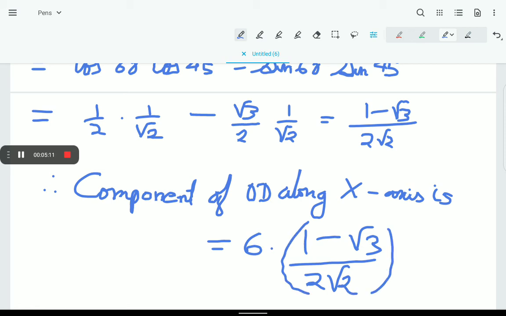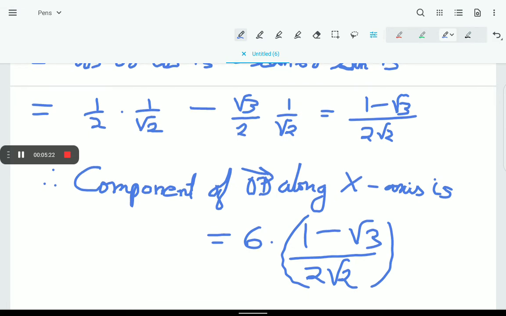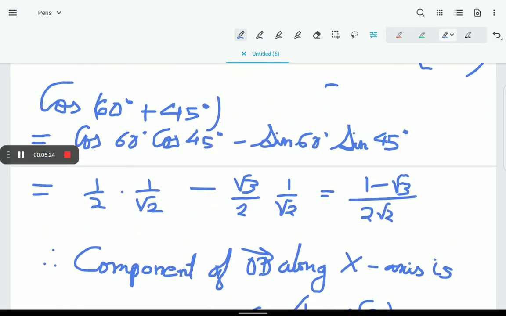Notice that root 3 is greater than 1. So 1 minus root 3 is negative, so component of OD along x-axis is along negative direction with respect to x-axis.